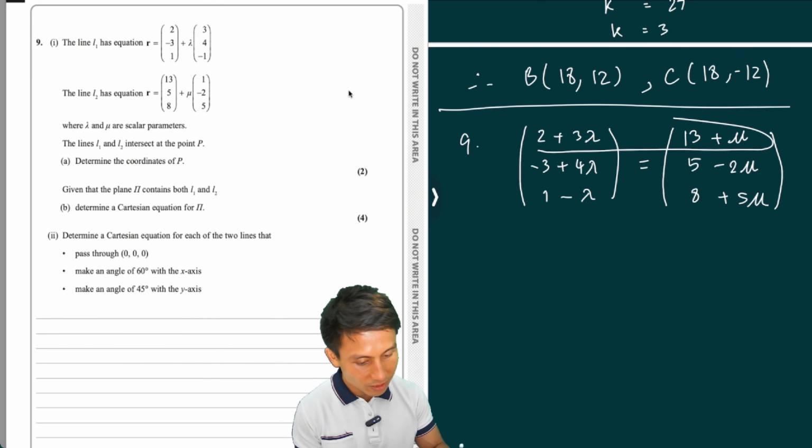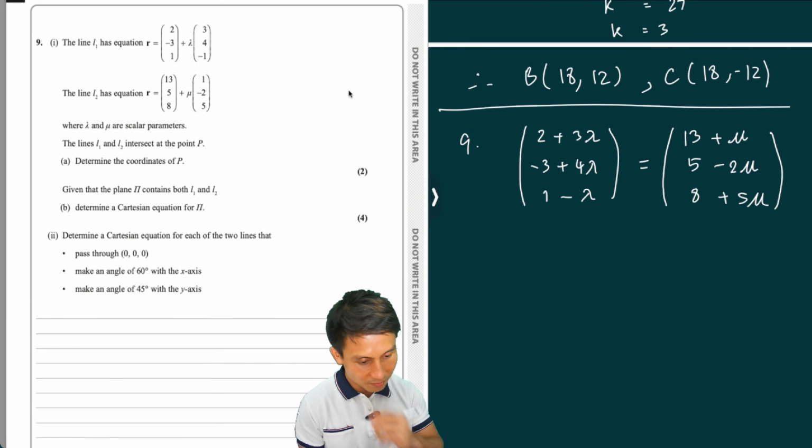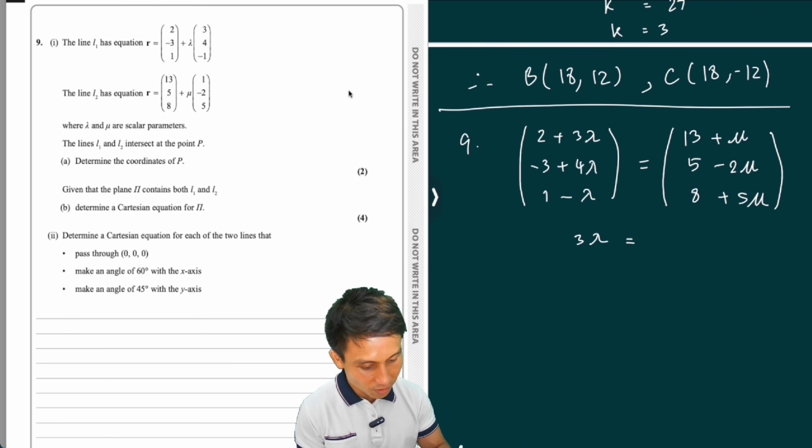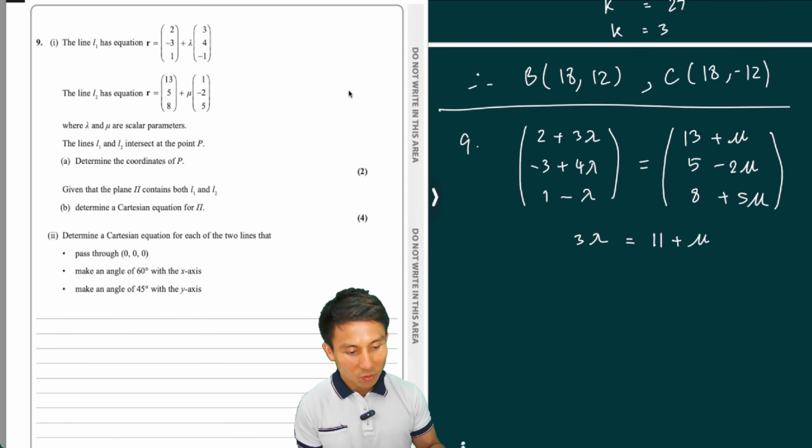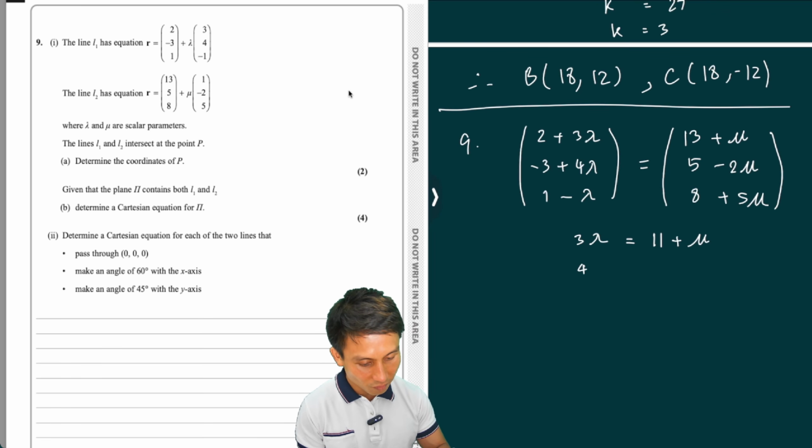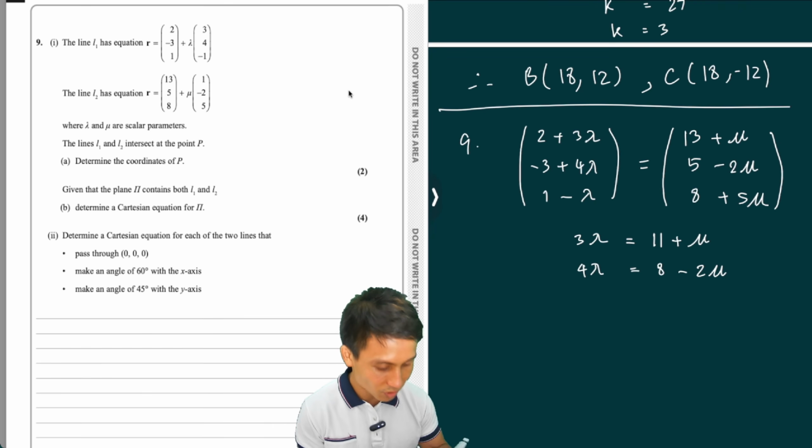So the first one, if we take the first equation here and simplify it, I'm going to get 3 lambda equals, moving 2 to the other side, 11 plus mu. Doing the second equation, I get 4 lambda equals 8 minus 2 mu.